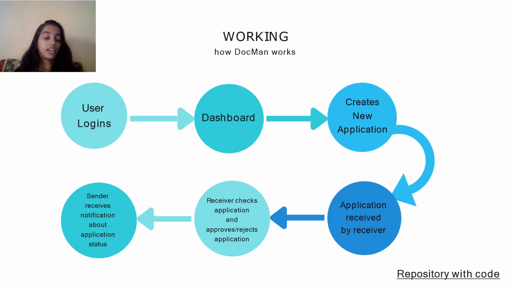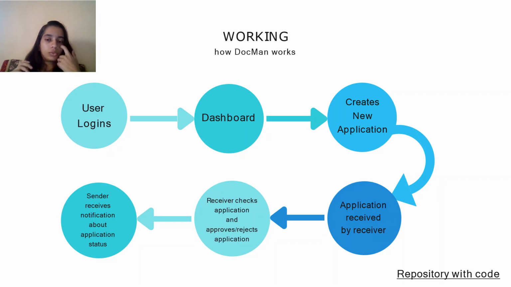Now let's understand how this application is going to work and how it is going to solve the problem in a digital way. Whenever a user logs into the system, into DocMan, they are redirected to their dashboard, where the user can see the applications they received, an option to create a new application, and one more option to view their profile.